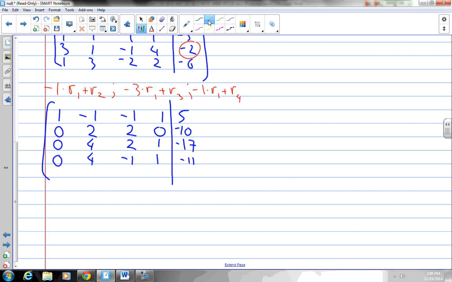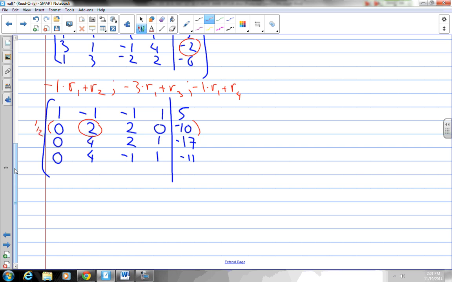Now I want this place to be 1 as well. The easiest thing to do is just to divide the second row by 2, and then you just get your 1. Everything else will be pretty, right? I mean, I can divide that one by 4 and move it up, but I'll get a whole bunch of fractions. So the easiest one to obtain is this one, right? So it's going to multiply the second row by 1/2.